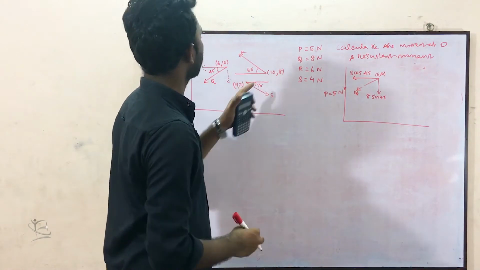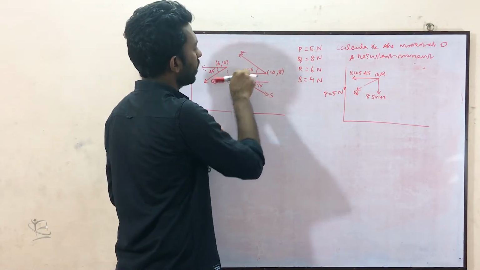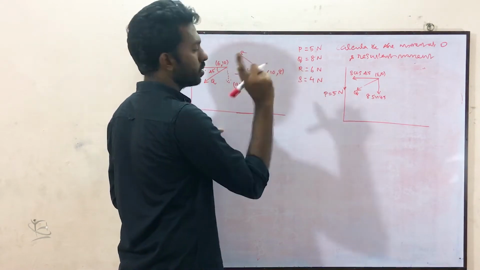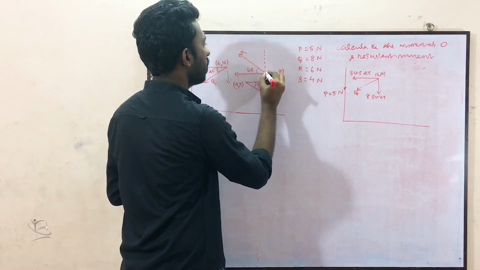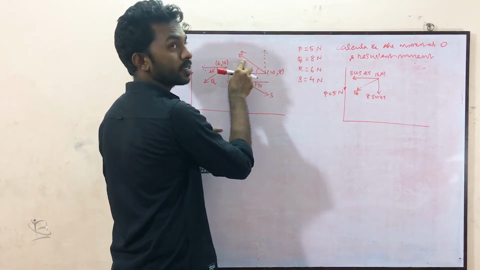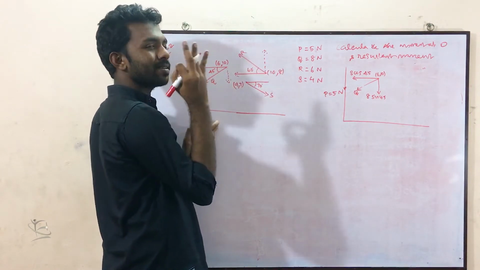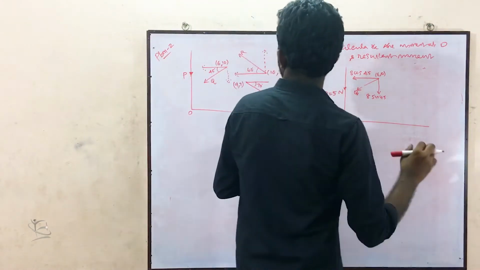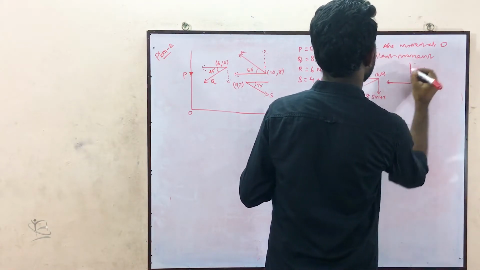Clear? Next we are doing R. This is a horizontal axis, and the 6 Newton force is inclined at 60 degree. This will be the horizontal component and this will be the vertical component, because this is acting in the second quadrant and this is acting in the third quadrant. Now I can draw these two components here.